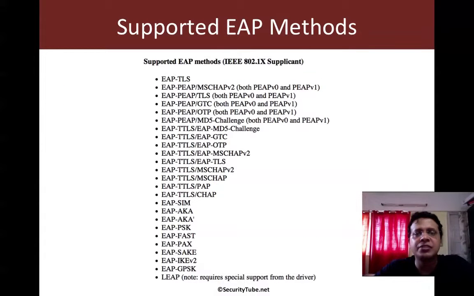So what are the different EAP methods which WPA supplicant supports? There are tons of them. I've just taken a screenshot from their website. It supports, I think, EAP-SIM, MD5, TLS, PEAP, and a ton of other techniques, some of which we will look at when we go on to WPA Enterprise security.